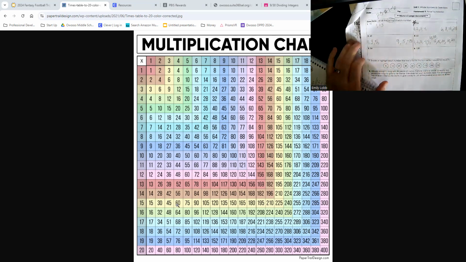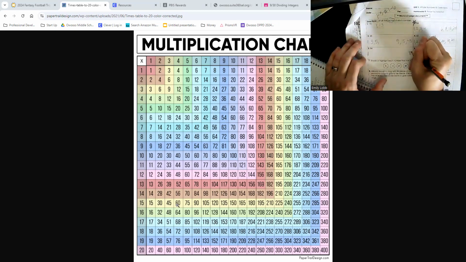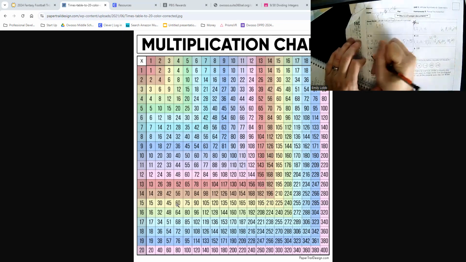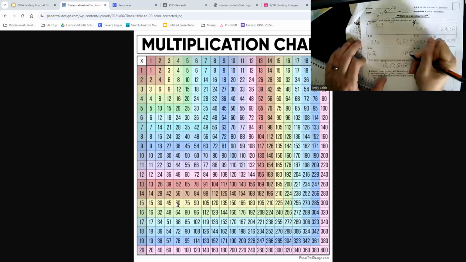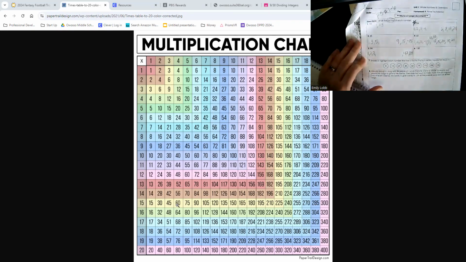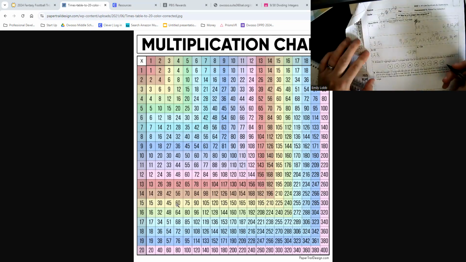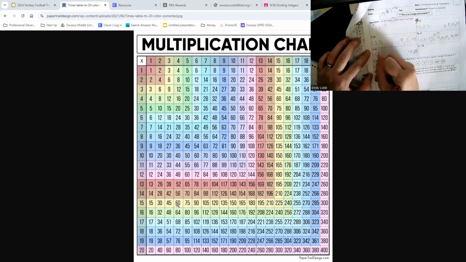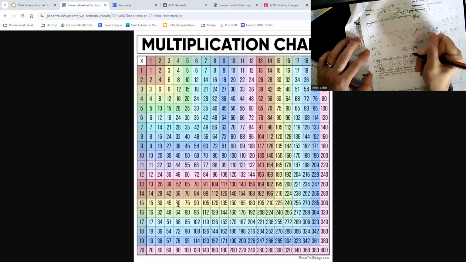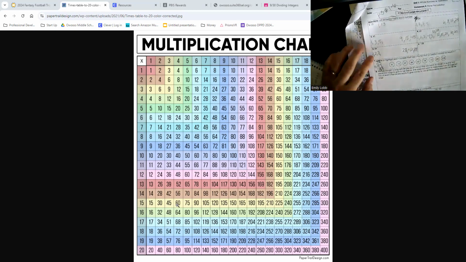I'm doing it methodically. So 1 and 84, 2 and 42, 3 and, yikes, 3 into 84. This is twice, which is 6. So 18, 28. Is that right? Yes, 28, not 18.